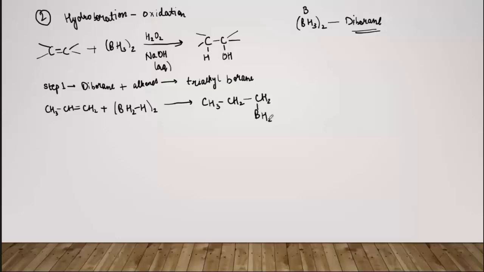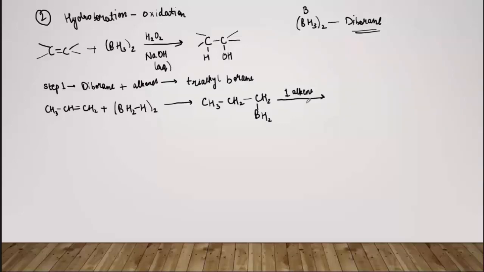ठीक है, now again ये अभी रिएक्शन यहाँ पे रुकता नहीं है. ठीक है, because diborane has still the hydrogen atoms left. अभी भी उसके पास हाइड्रोजन एटम्स हैं. So अभी भी ये रिएक्शन रुकेगा नहीं. It will go on and it will take one more molecule of alkene.